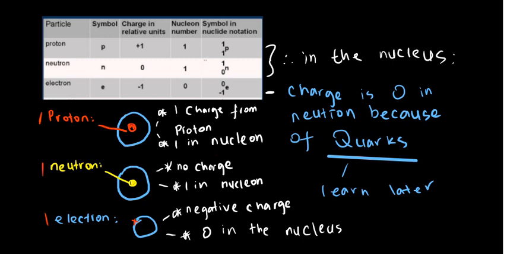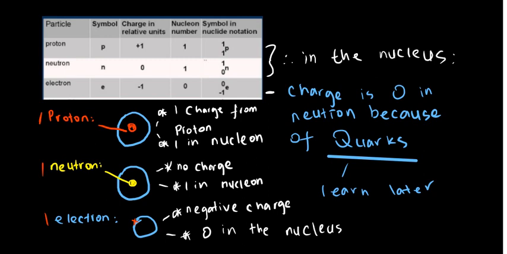Okay, now we talk about the neutron. A neutron has 0 charge because of quarks, and I'm not going to talk about quarks now because it's going to be in the next videos. It's in this chapter, but it's quite a little bit far off from this part of the video, so you don't have to worry about why it has 0 charge. A neutron has 0 charge.